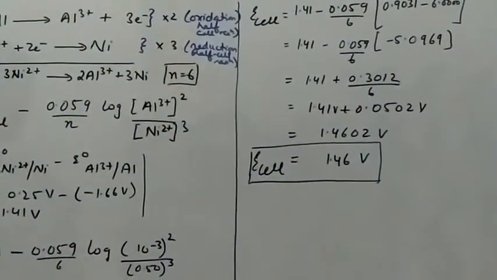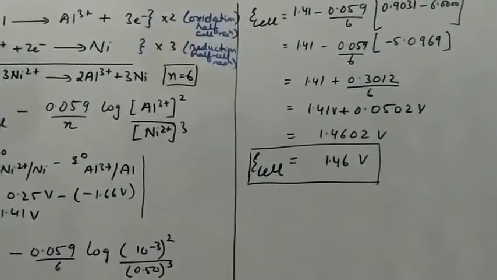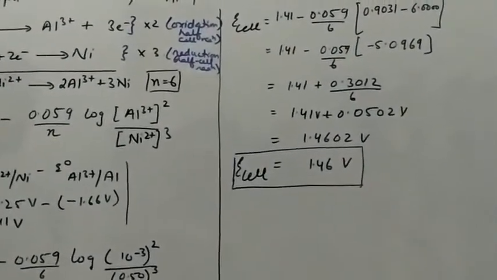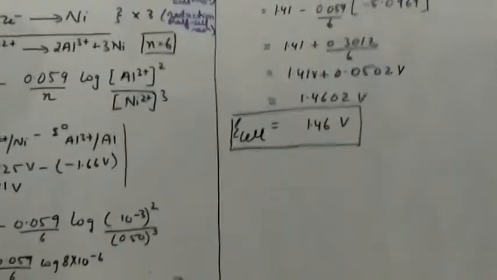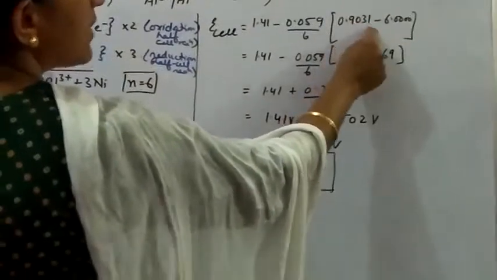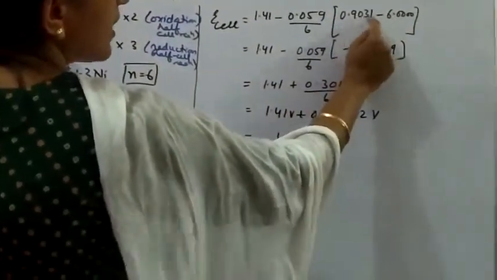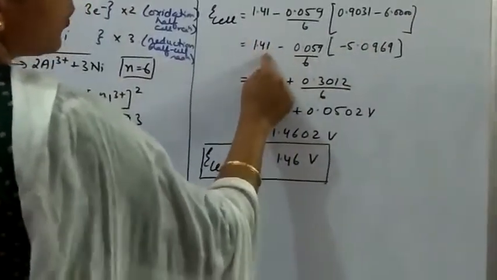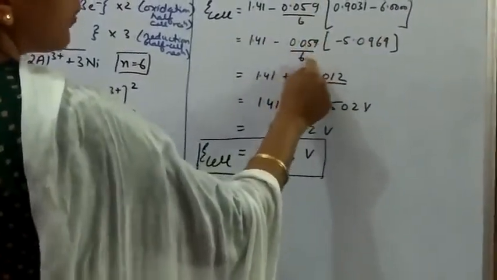It is the log 8 value. In the logarithm table, we will find the value of log 8. Here it is plus minus 6, log 10 is 1. So minus 6 into 1, it will become minus 6. Now here it's 0.9031. We have taken 4 places after the decimal, so 6.0000.